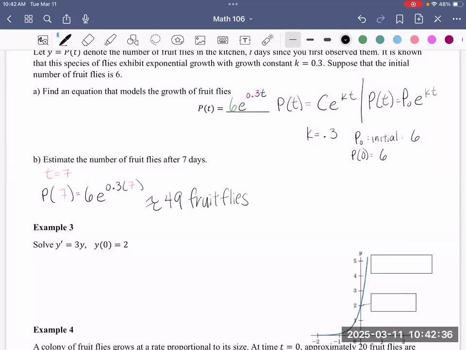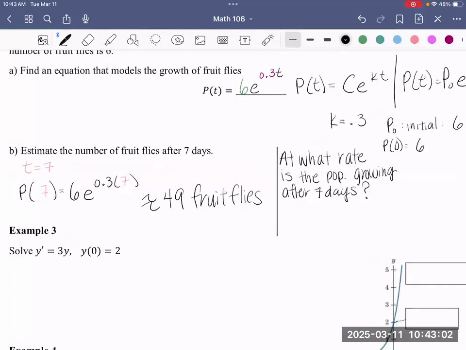So what if we said, hey, at what rate is the population growing after 7 days? Well, when we're talking about that rate, rate is your derivative.